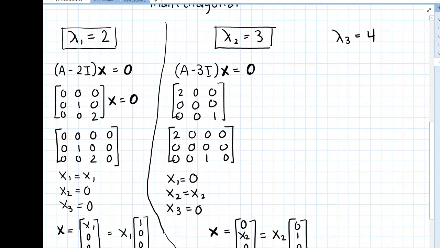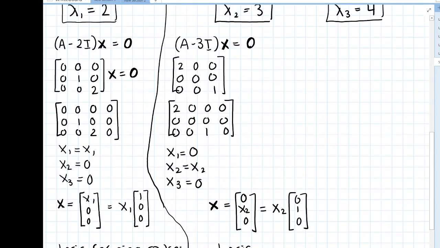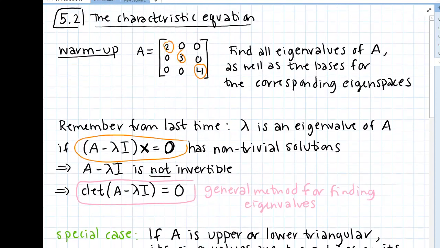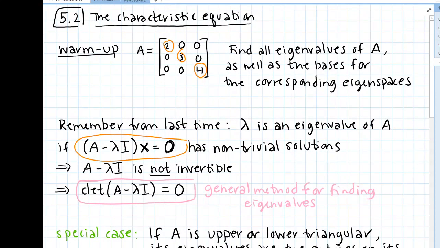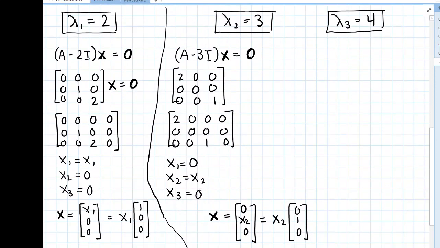So maybe for the sake of not boring you, because this is going to be very similar, you might imagine how this is going to go. If we do this last one, what's going to get cleared out? The third column will get cleared out in this case because 4 was the entry in our bottom right corner. And so in this case, x3 is going to be the free variable. So I'll just jump to the answer here.